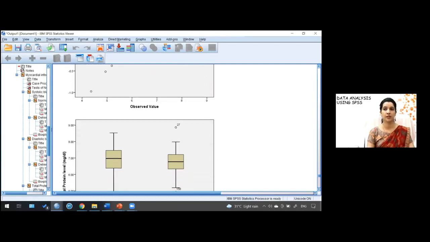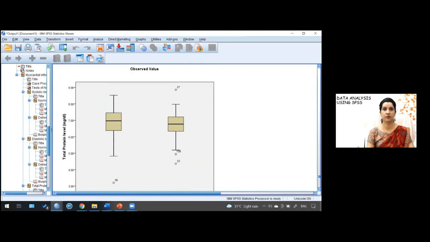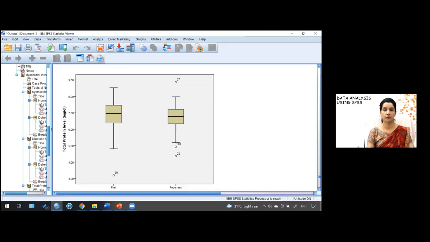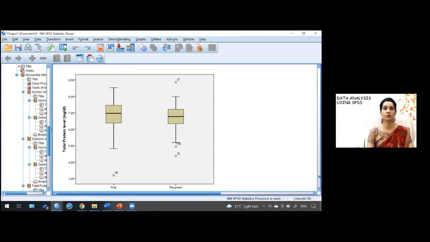the total protein here, again, would anyone like to comment on the box plot of total protein? Recurrent MI in total protein. Aditi and Manoja, two of you.